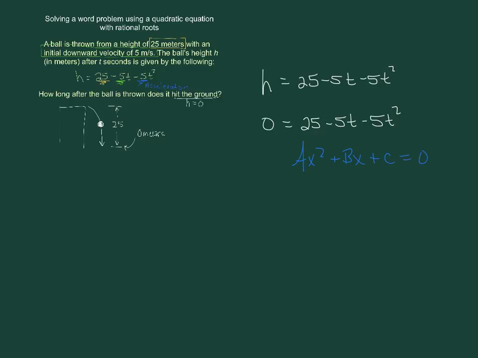It's just backwards. So what we're going to do is we're going to rewrite this as -5t squared minus 5t plus 25 equals 0. Okay, so notice all I did was I just shifted where some of the terms were. From here, I can see that a equals -5, b equals -5, and c equals +25.